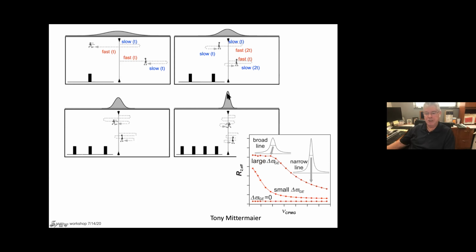Now, what Lewis took advantage of, and Art Palmer's lab has also developed many tools about this, is to look at the intensities of these resonances and their R2 effectives, the line widths. You see broad, narrower, narrower, narrowest, as a function of the pulse spacing between these 180-degree inversion pulses, and you plot that.